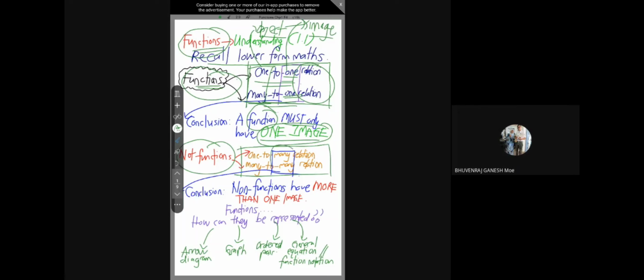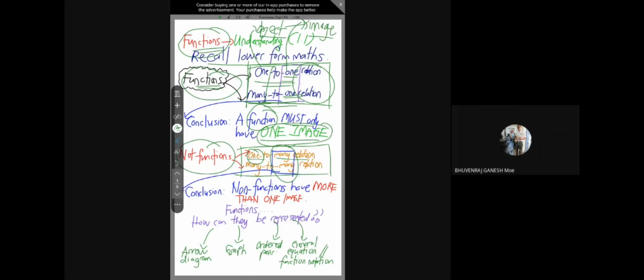The key thing here is the common point, which is many at the end, meaning the object maps to many images. Let's say we have an object 2, a number 2. It can map to either 4 or 8. That is a one to many relation, where there is one object, but the image can be more than one. That's why they put many there.